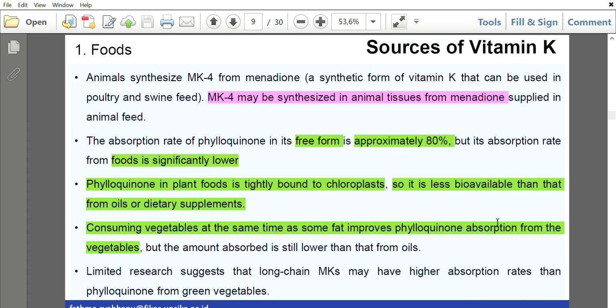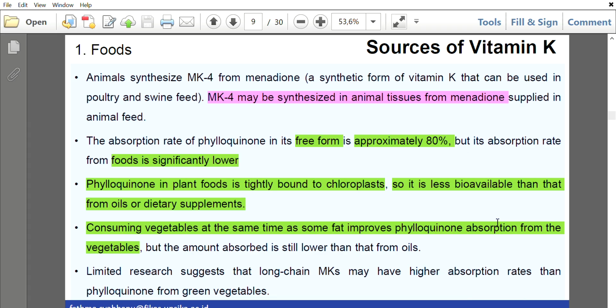The absorption rate of phylloquinone in its free form is approximately 80%, but its absorption rate from foods is significantly lower. Phylloquinone in plant foods is tightly bound to chloroplasts, so it is less bioavailable than that from oils or dietary supplements.